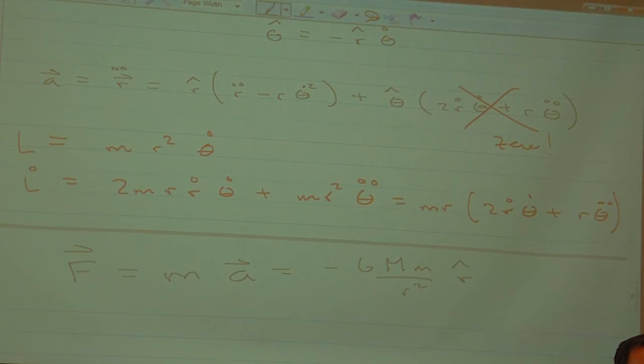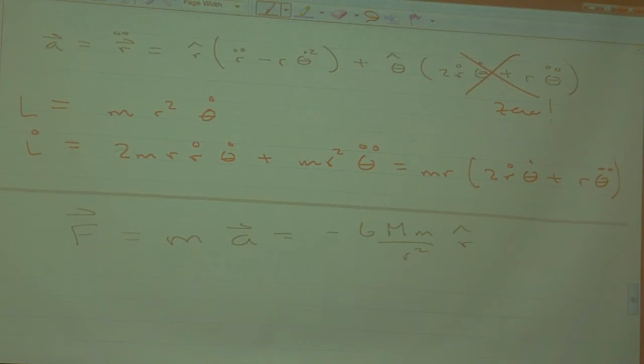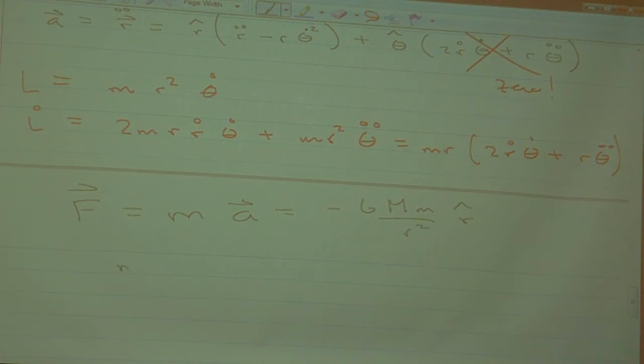So if I take my formula for the acceleration and stick it into Newton's second law, multiplying by m, I have m times (r double dot minus r theta dot squared) r hat is minus G m over r squared r hat.